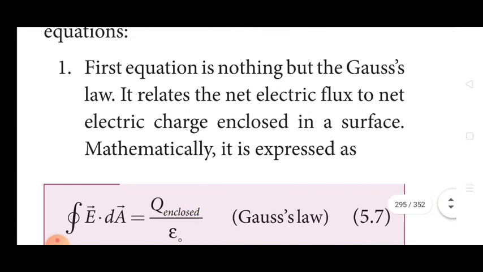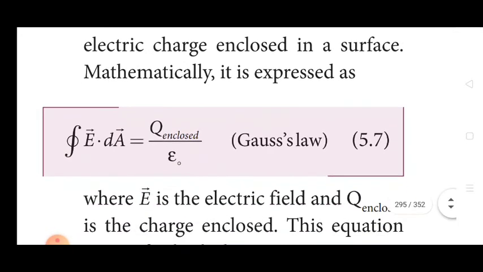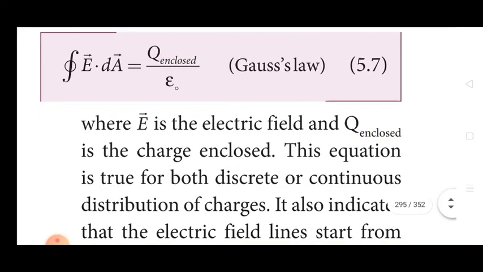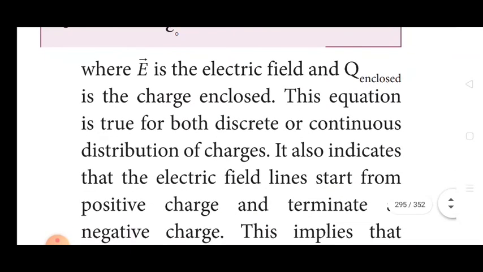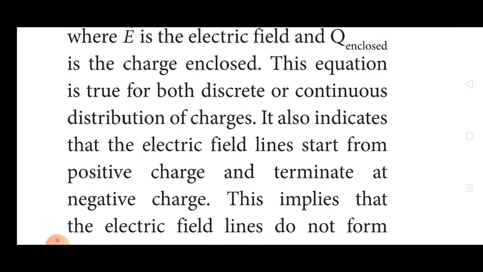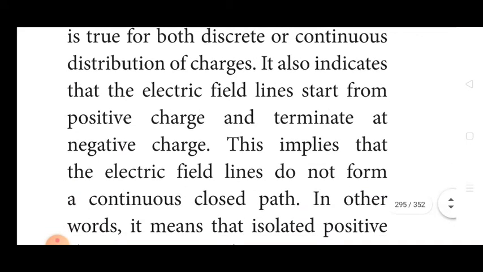The first equation is nothing but Gauss law. It relates the net electric flux to the net electric charge enclosed in a surface. Mathematically it is expressed as closed integral E vector dA vector is equal to Q enclosed by epsilon naught. Here E is the electric field and Q is the enclosed charge. This equation is true for both discrete and continuous distributions of charges. It also indicates that electric field lines start from positive charge and terminate at negative charge.